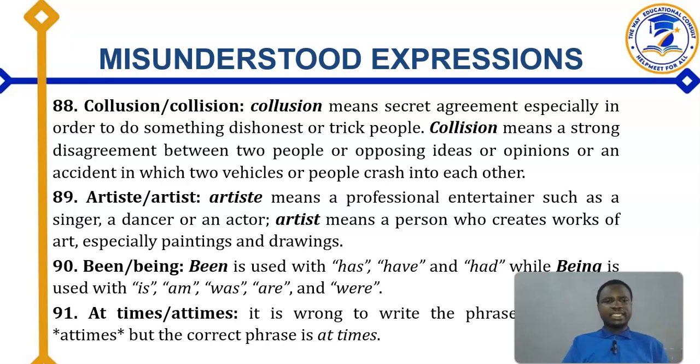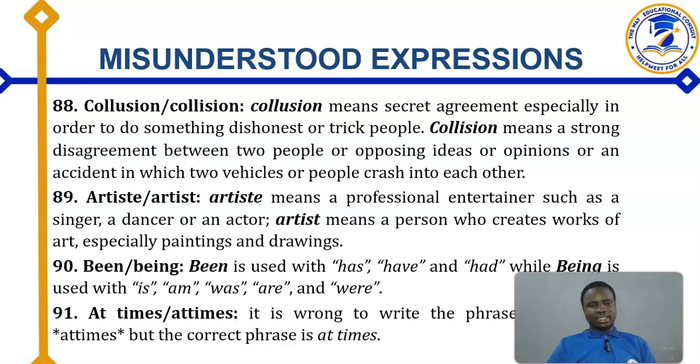We have artiste, then we have artist. Take note of the E after artiste: after T, after ST, you have STE. When you are referring to a professional entertainer, such as a dancer, a singer, an actor, it is a common error even in many formal organizations.